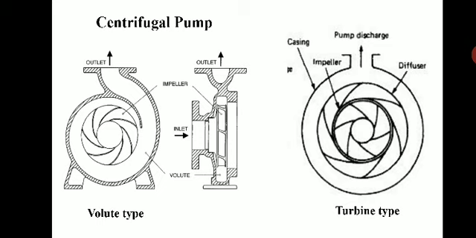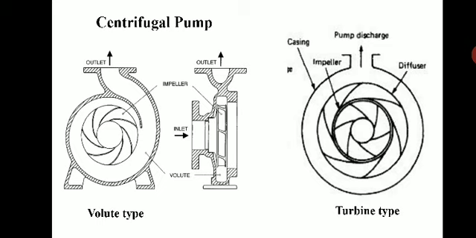The centrifugal pumps are also classified according to the number of stages of pressure developed by the impellers, such as single stage, two stage or multi-stage centrifugal pumps. So we'll see the advantages of this type of centrifugal pump. The first advantage is that the initial cost and the maintenance cost of such pumps are comparatively less than those of other types of pumps.